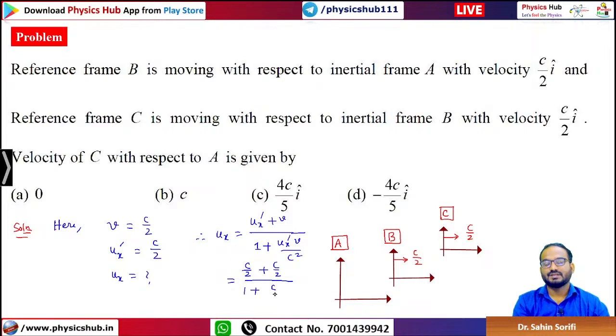The c's get cancelled, so ux prime into v by c square is 1 by 4.